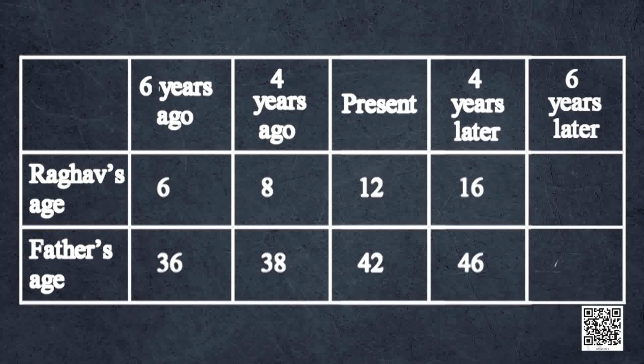Now, to find their ages 6 years later, very good, you have started calculating very fast. Raghav's age will be 12 plus 6, which is equal to 18 years, and his father's age would be 42 plus 6, which is equal to 48 years.